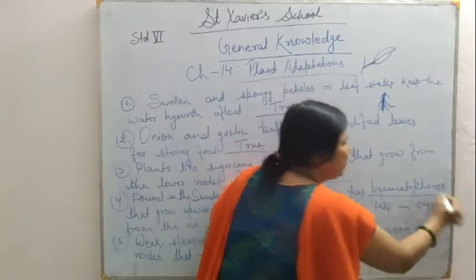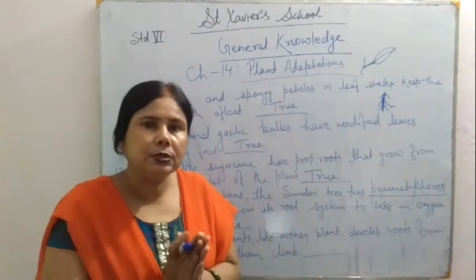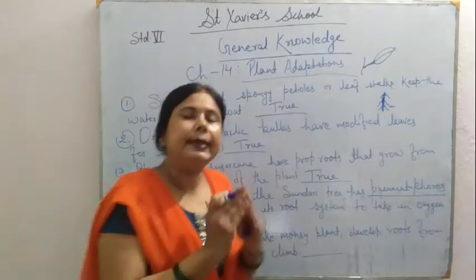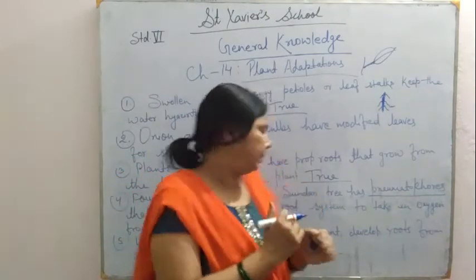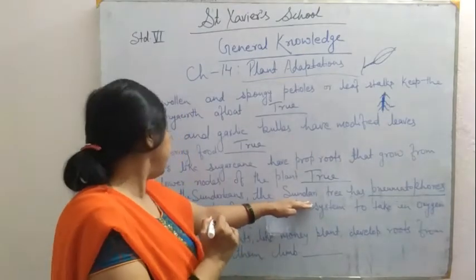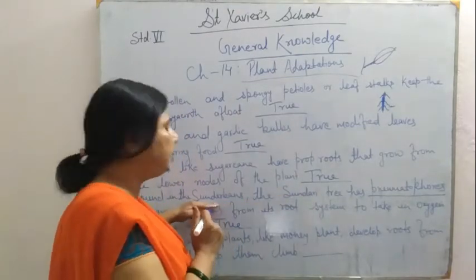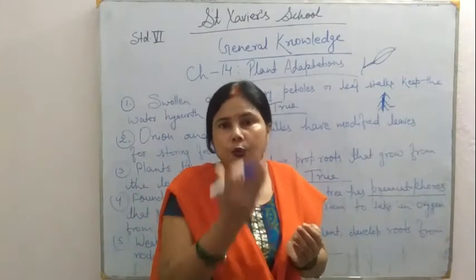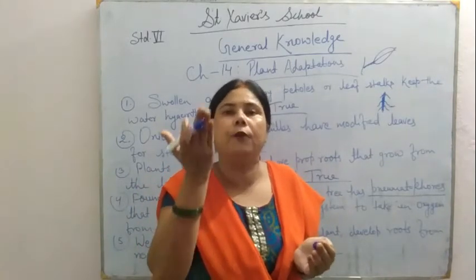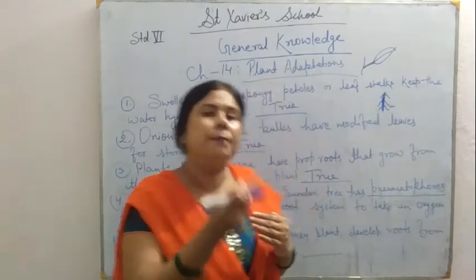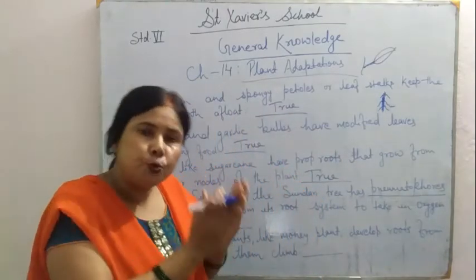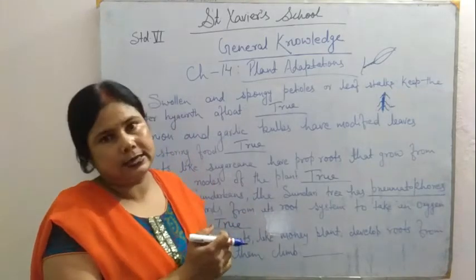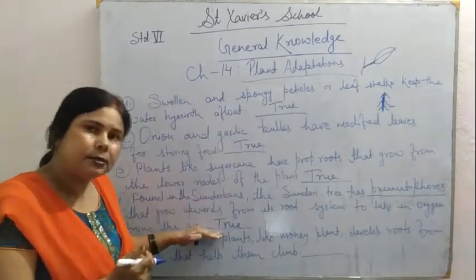Pneumatophores are aerial roots specialized for gaseous exchange, and the Sundari tree, which is found in Sundarbans, has many pneumatophores that grow from the root system upward. These pneumatophores are specialized for taking in oxygen. So this is a correct statement.